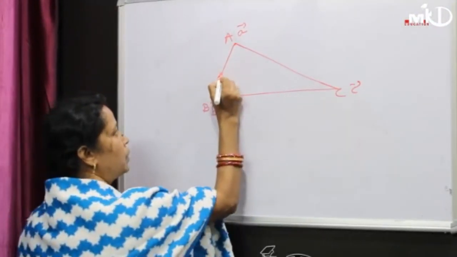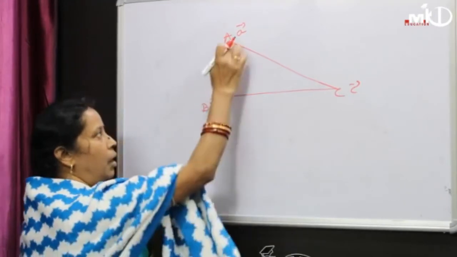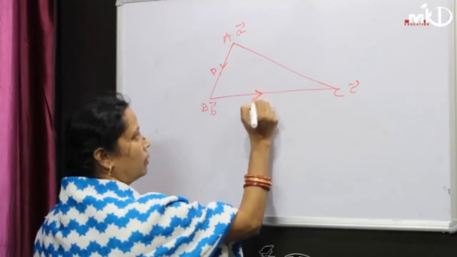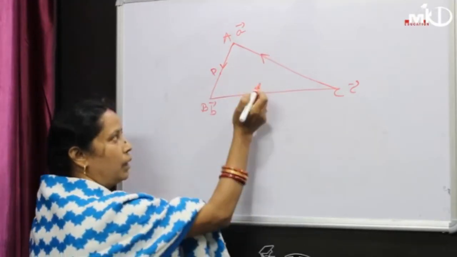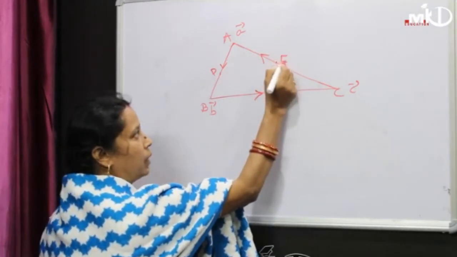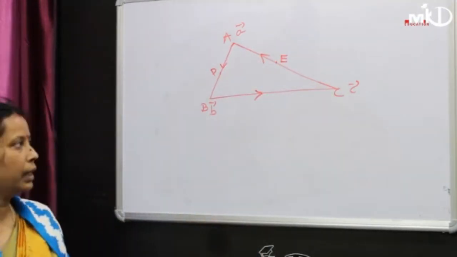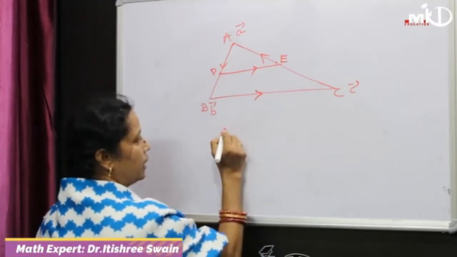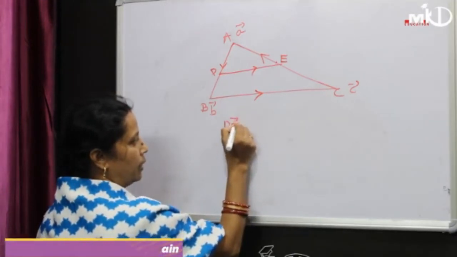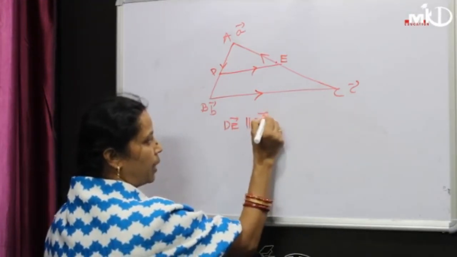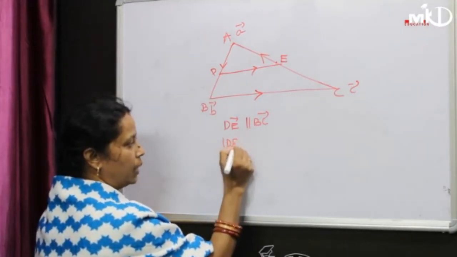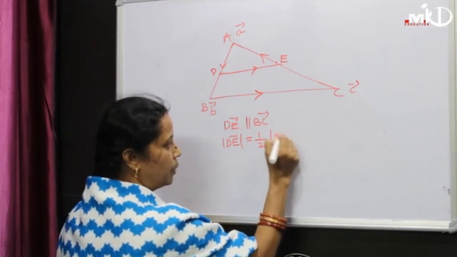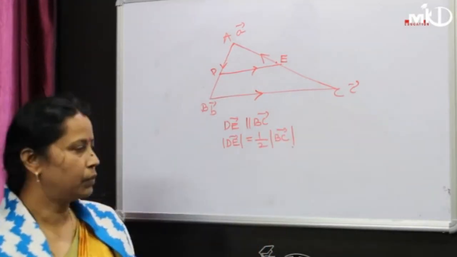Suppose D is the midpoint of AB and E is the midpoint of AC. Our intention is to prove that the vector DE is parallel to the vector BC and the modulus of DE is equal to half of the modulus of BC.